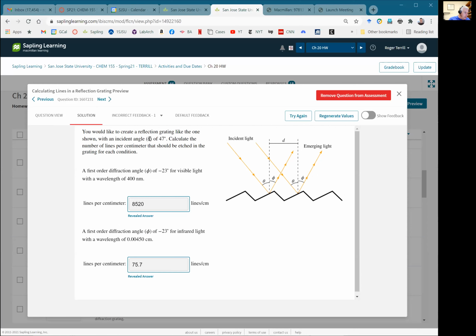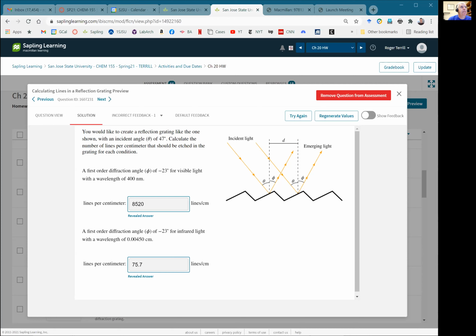So basically 14, what you have to do is solve the grating equation for D and then convert D into lines per centimeter.